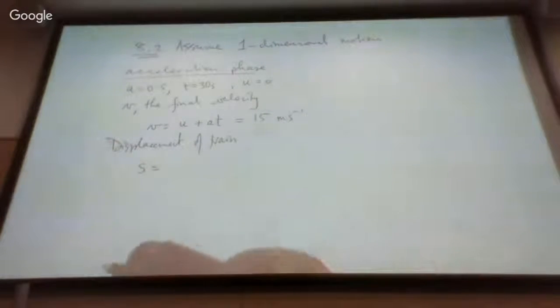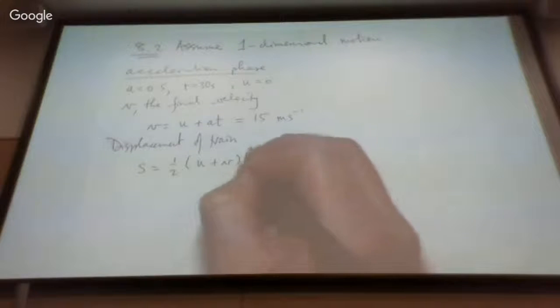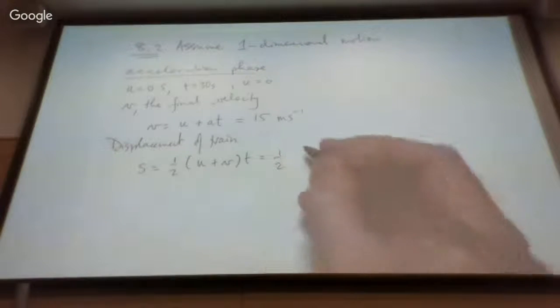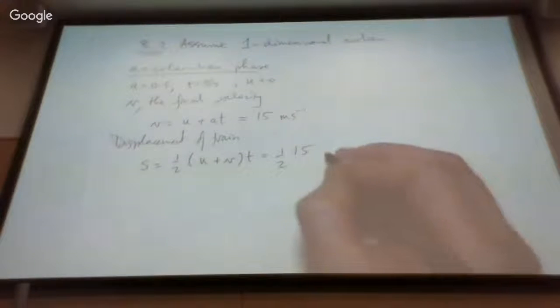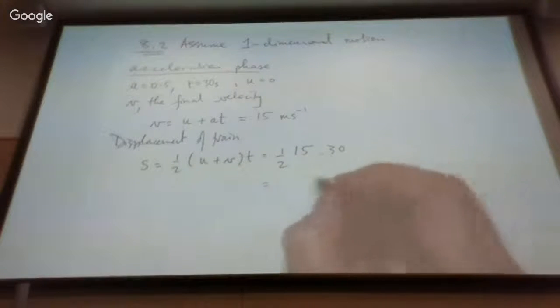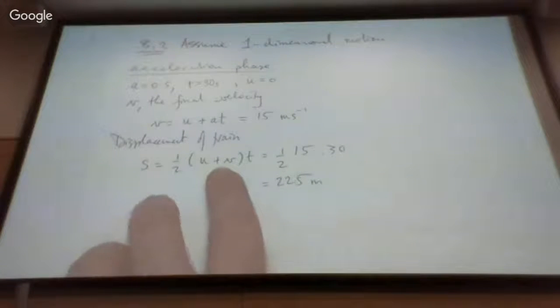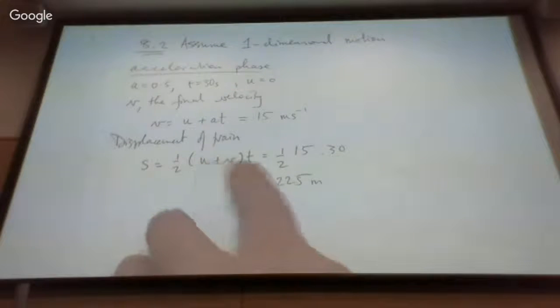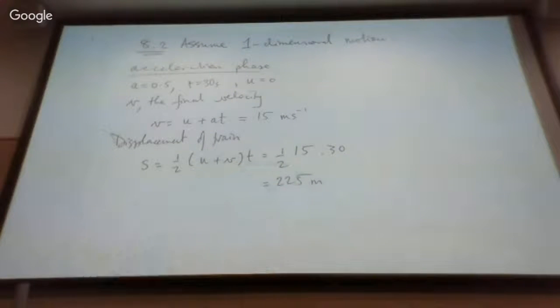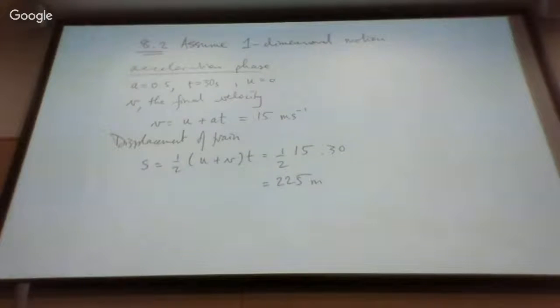Well, since we've got u and v to hand, we can make use of this simpler equation, half of u plus v times t. So it's a half, u is 0, v is 15, and t is 30. So this is just 15 times 15, which is 225 meters. We're multiplying meters per second by seconds, so it comes out as meters, as we expect, because we're talking about the distance traveled, the displacement.